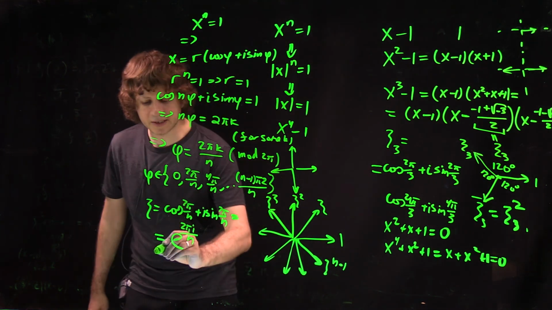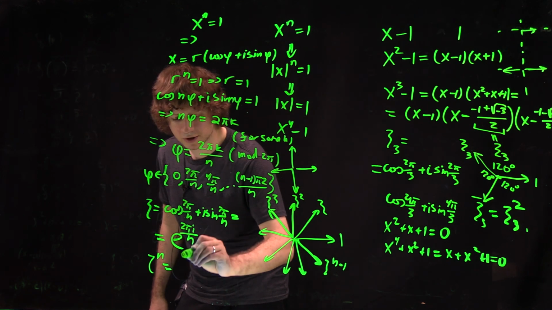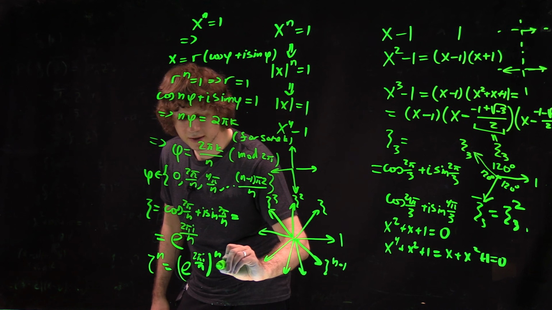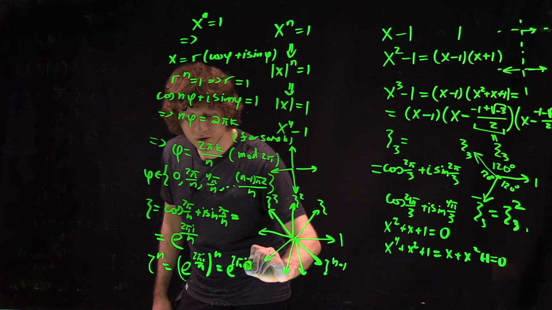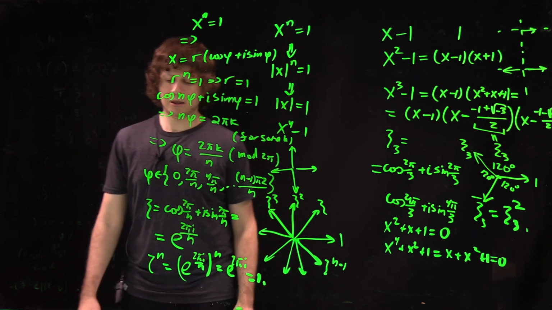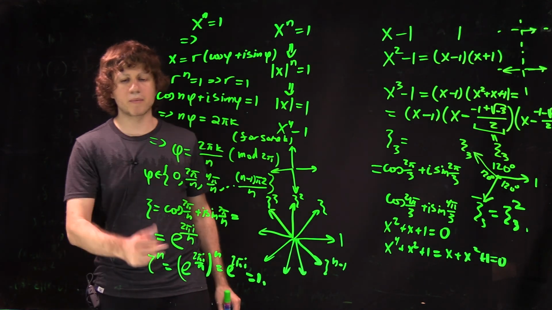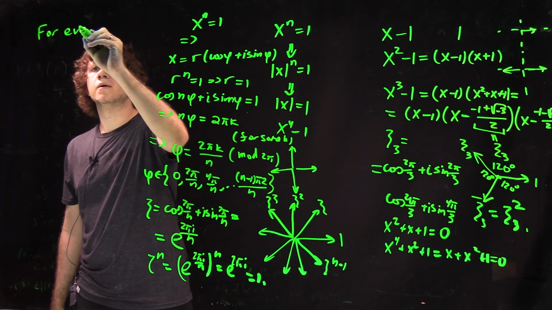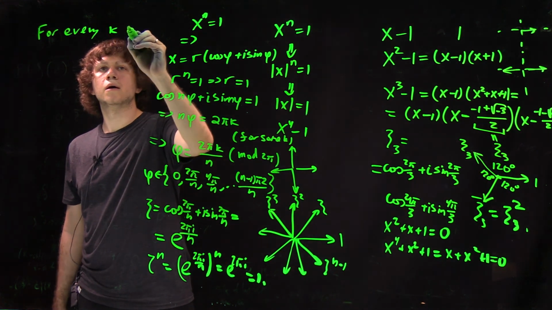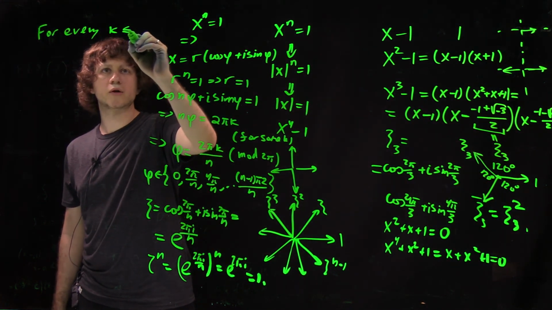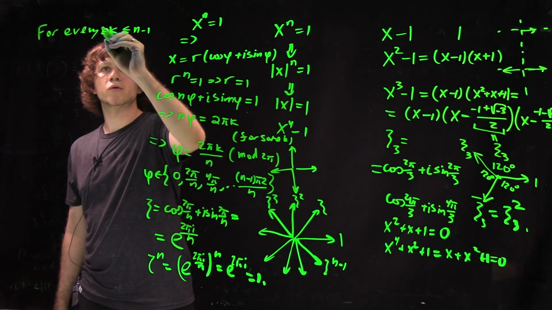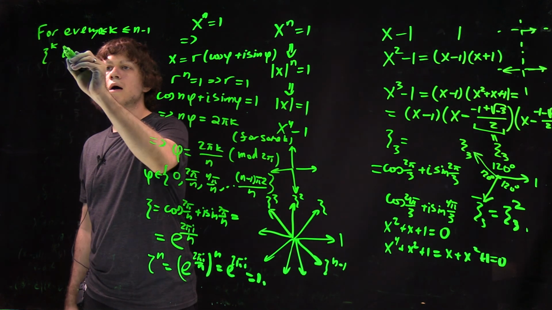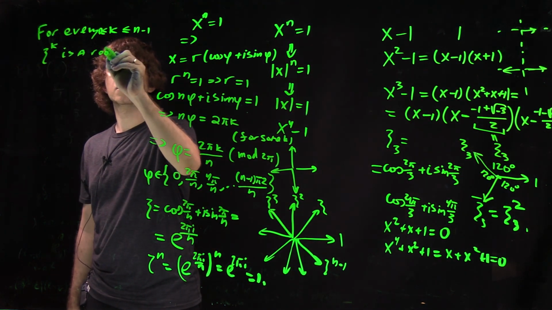So obviously zeta power n in this notation is trivial: it is e power 2 pi I over n, to the power n, which is e power 2 pi I, which is 1. And so this is a root of unity. And then my claim is that for every k, greater than or equal to 0 and less than or equal to n minus 1, zeta power k is a root of unity.